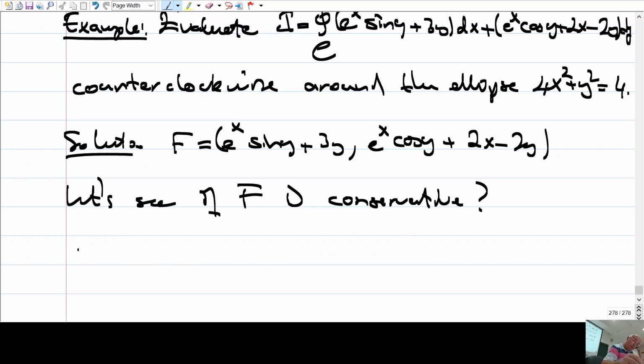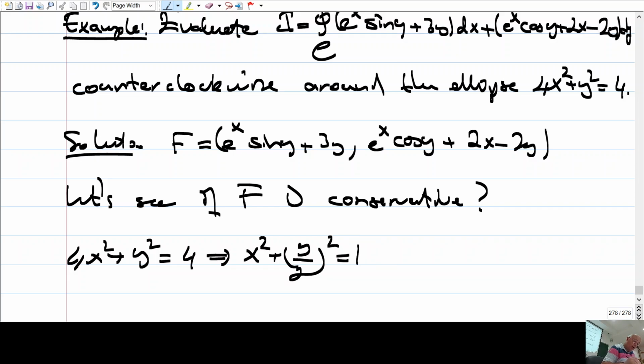Or let's do it this way: 4x squared plus y squared is 4. How can you parameterize this? Well, you write this as if it's a circle equation. So this is x squared plus (y over 2) squared equals 1. So squares add up to 1.